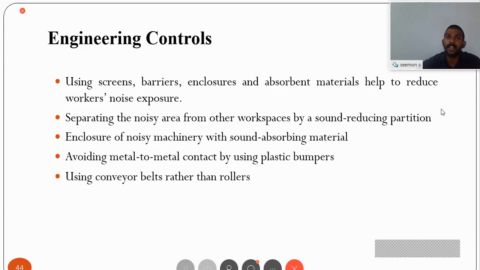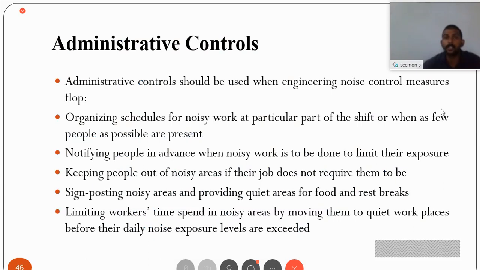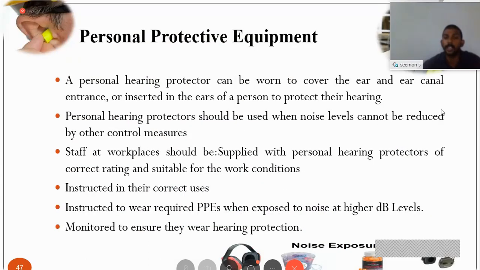In case of a refinery, continuous noise comes in a refinery. In that situation, we go for personal protective equipment, and that is compulsory. The personal protective equipment has to be compulsory for them to wear, so that we can control it. Is that clear? Yes.